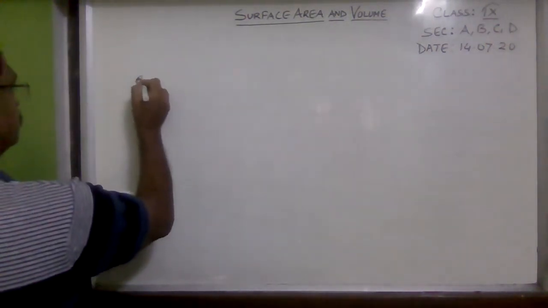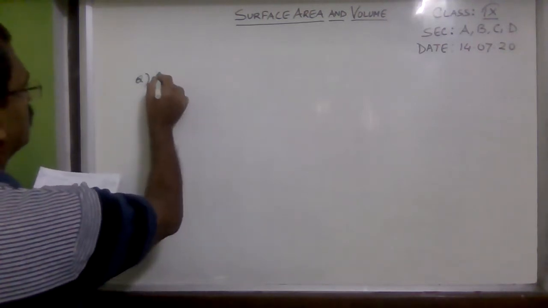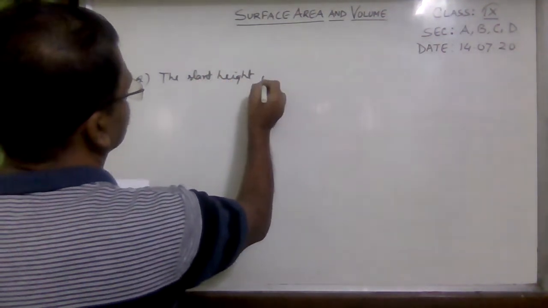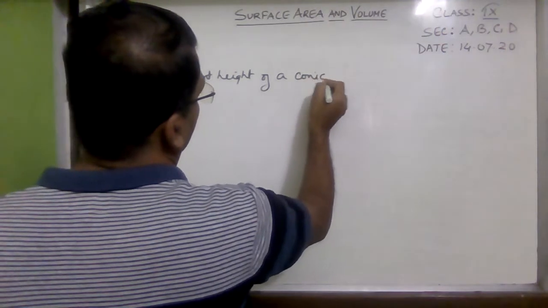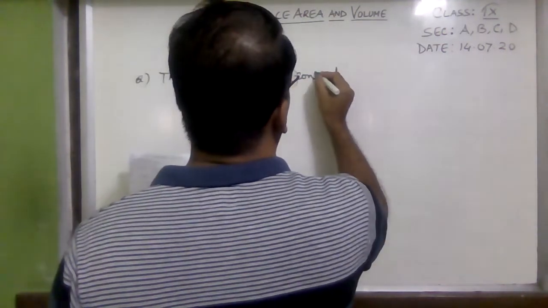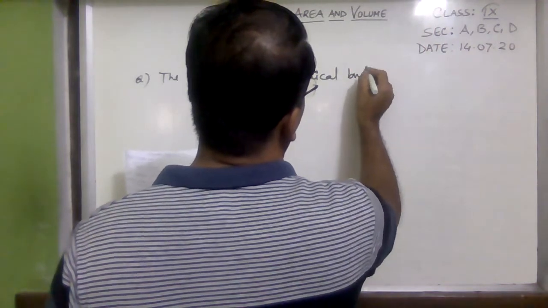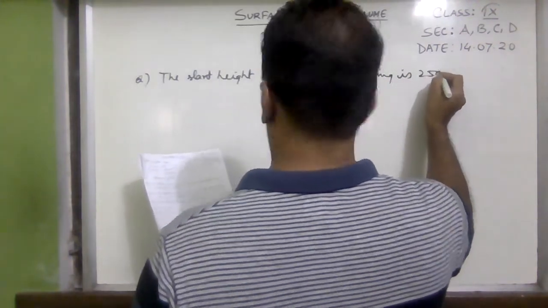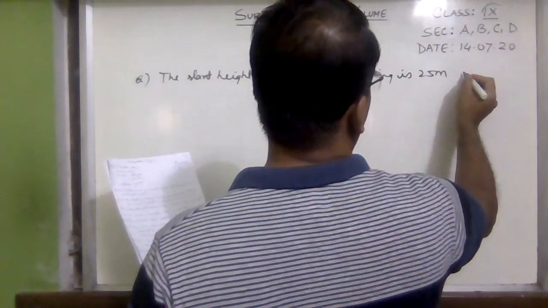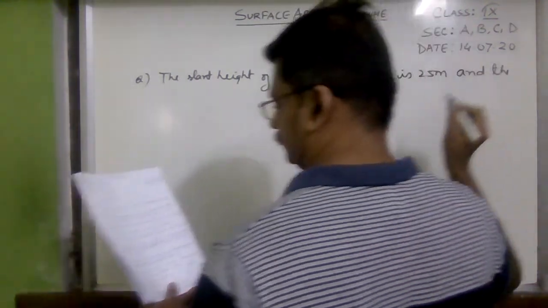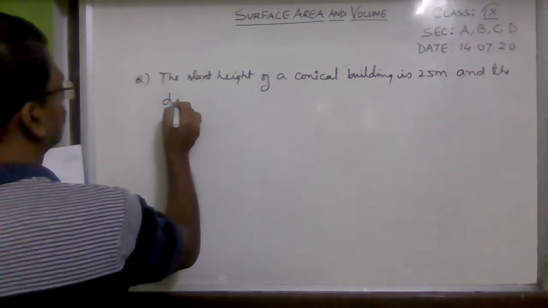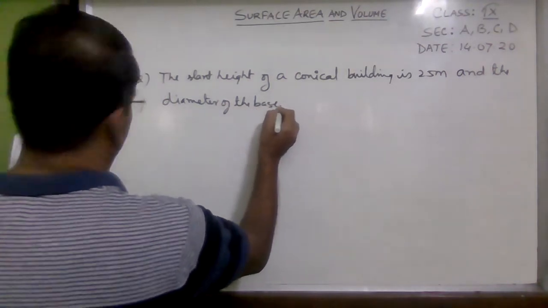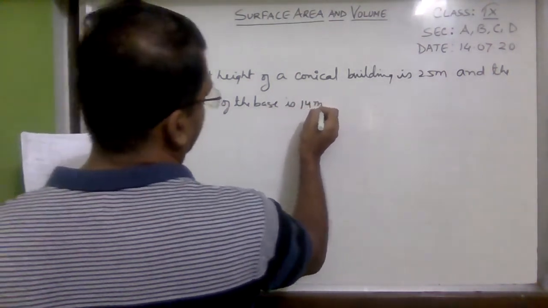Next question is the slant height of a conical building is 25 meter and the diameter of the base is 14 meter.